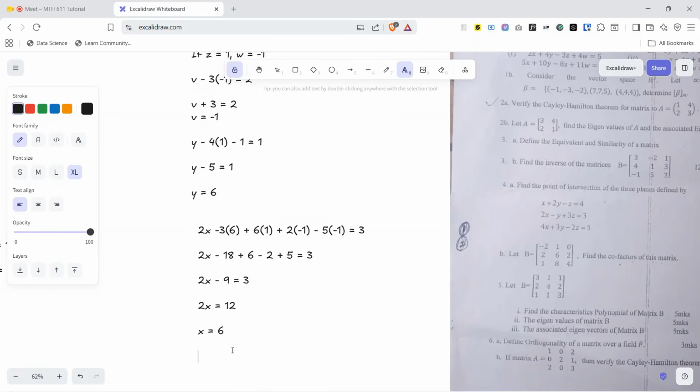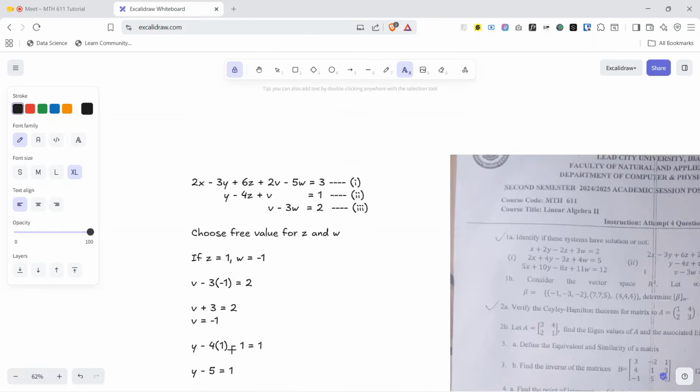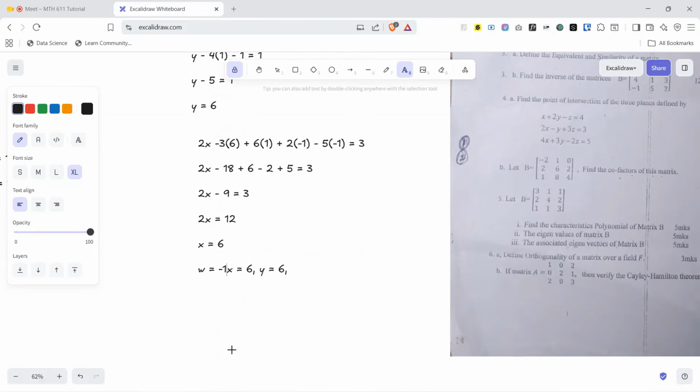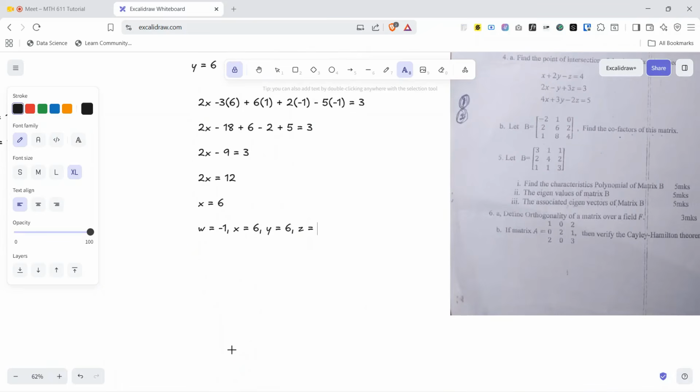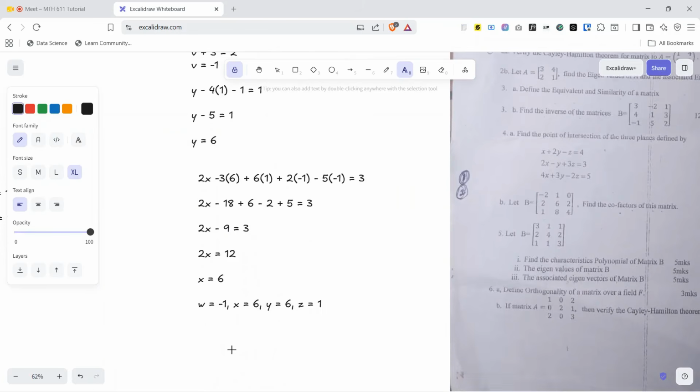So our answer would be x equals to 6, y equals to 6, z equals to 1, w equals to minus 1. So this is the answer for this. Any question?